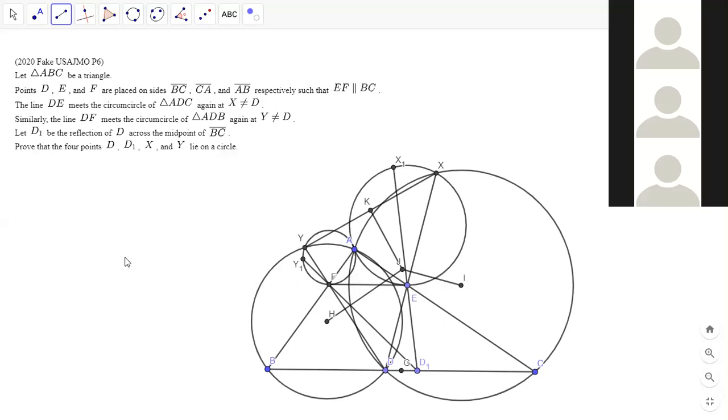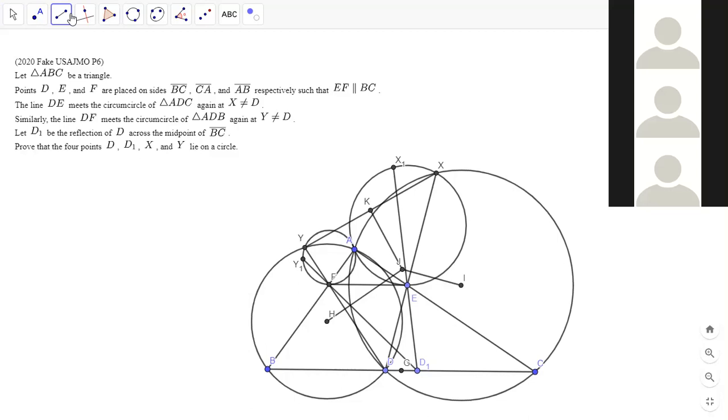All right. And then, let's see. And so the A median is its radical axis. Okay.